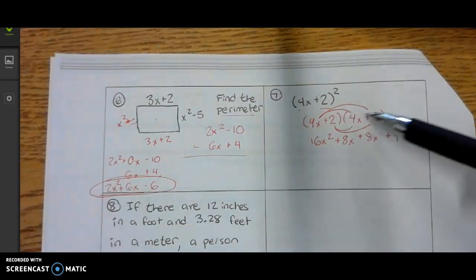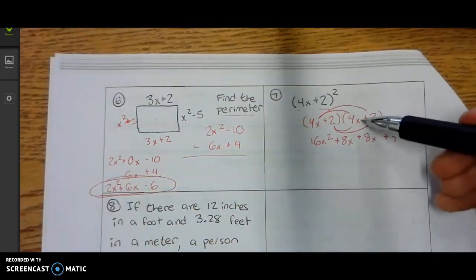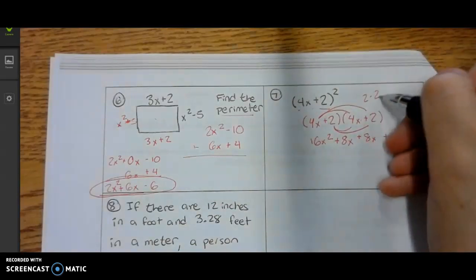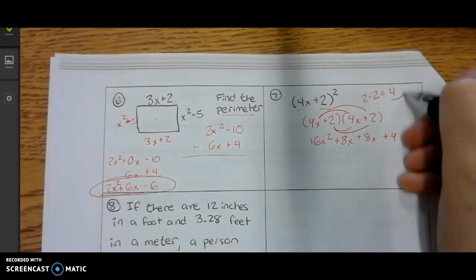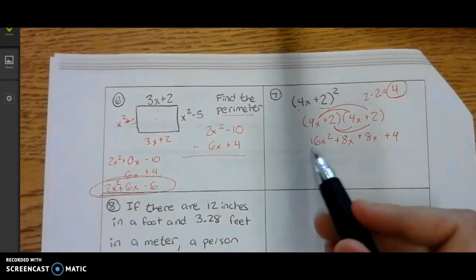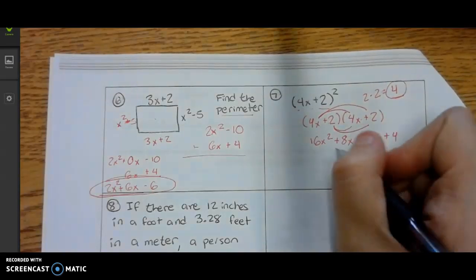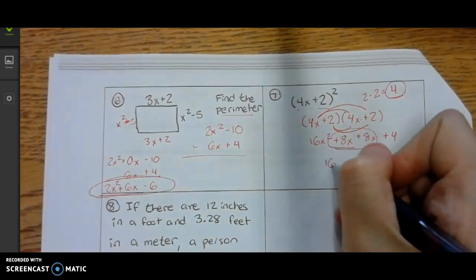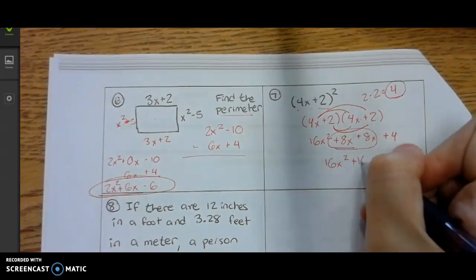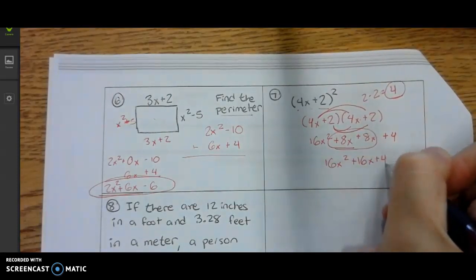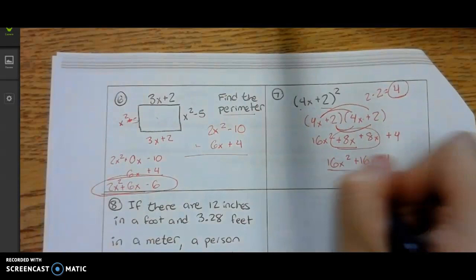I multiplied. Remember, there are 2 terms here and 2 terms here, so after I get done multiplying, I should have 4 terms: 1, 2, 3, 4. Now that I know that, I can combine my like terms. And I'm finished.